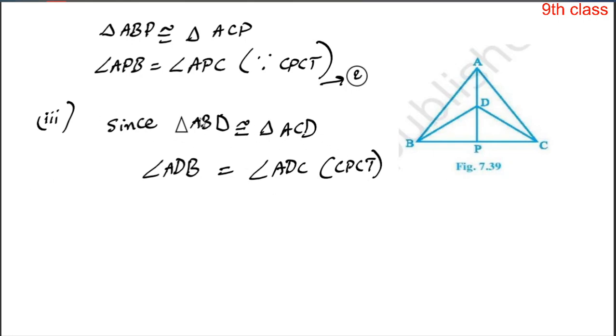Already we proved these two triangles are congruent, so the corresponding parts are equal, the corresponding angles are equal. So angle ADB is equal to angle ADC.